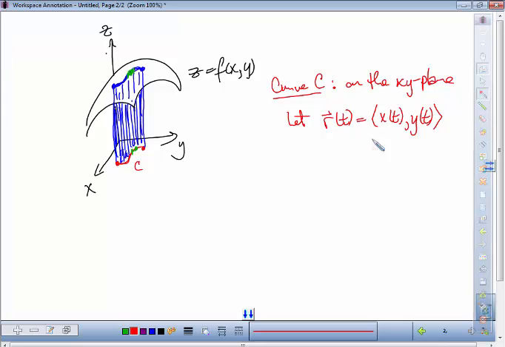So our R is a vector of two functions, x of t and y of t, and they would parameterize our curve. So we would have a two-dimensional path going on here.